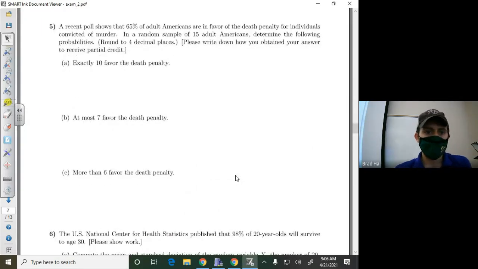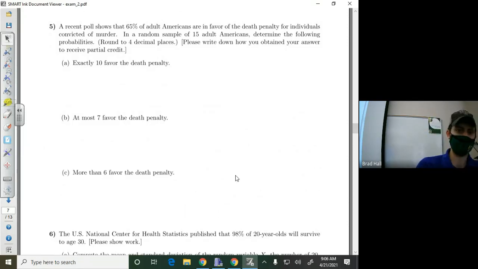So a recent poll shows that 65% of this. There's a random sample of 15 adults. So this is a binomial distribution, or a binomial probability.